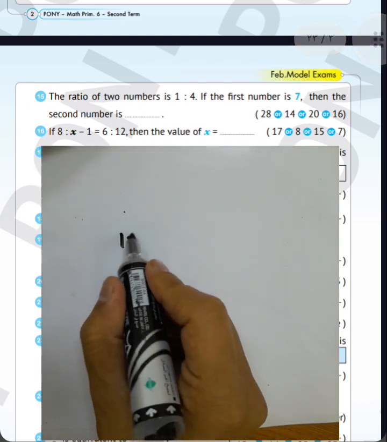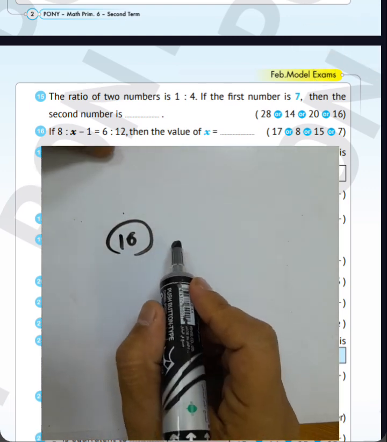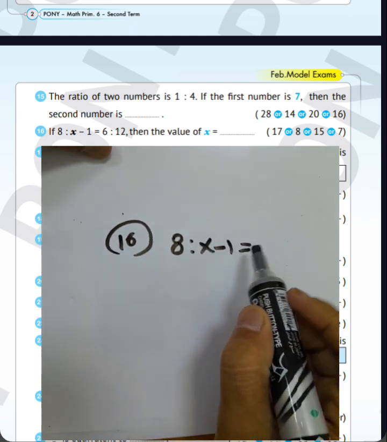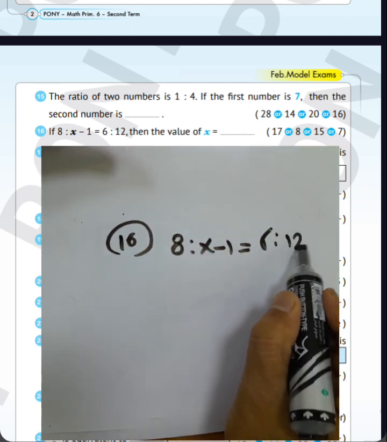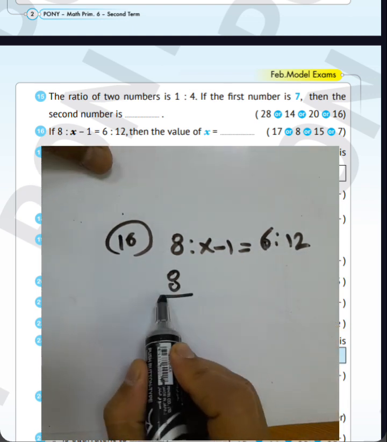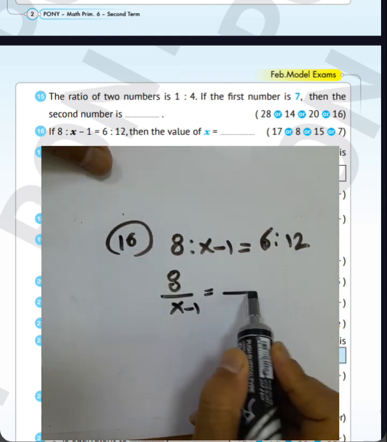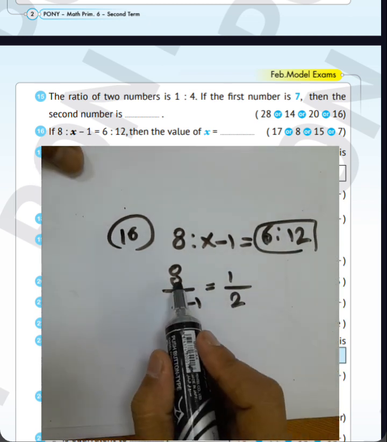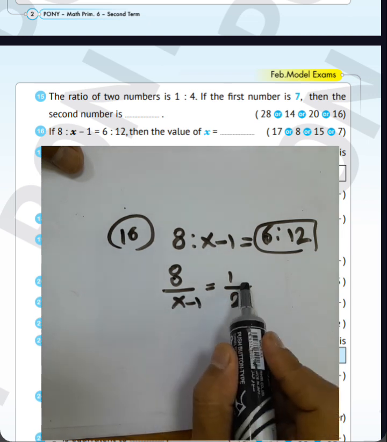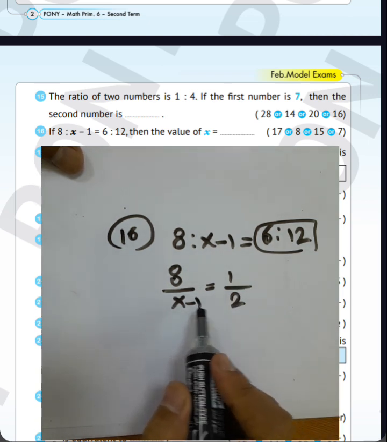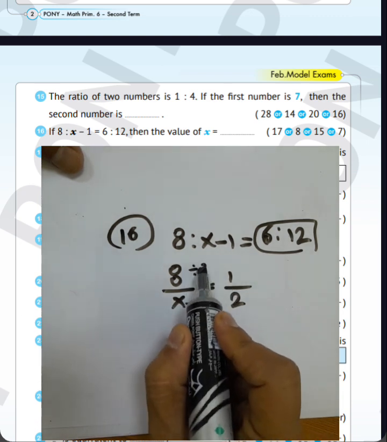Question 16. If the ratio 8 to x minus 1 equals 6 to 12, then the value of x equals what? We can write 8 over x minus 1 equals 6 over 12, which is half. Then 8 over x minus 1 equals half. We can find the value of x. x minus 1 equals what? We know 8 divided by 8 equals 1.